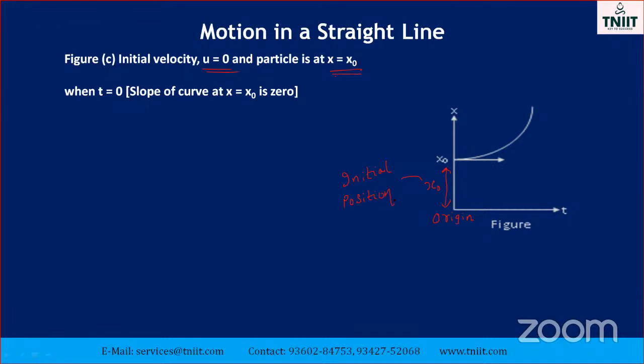This is the initial position x naught. If you give some velocity in this direction, that is u, which is equal to 0, then the particle will move like this, parabola only. But initial position is not 0. Clear?